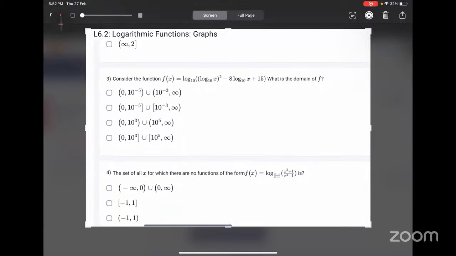Okay, we can try to solve the third question, right? Domain. In the summary session, I discussed how to calculate the domain of log of any function. So what should be the first step? Some of you were present in the summary session, right?